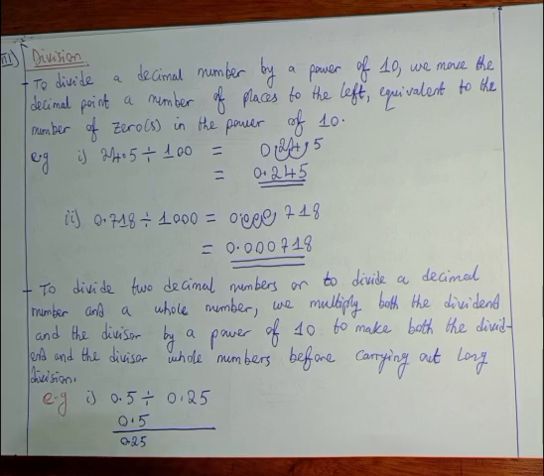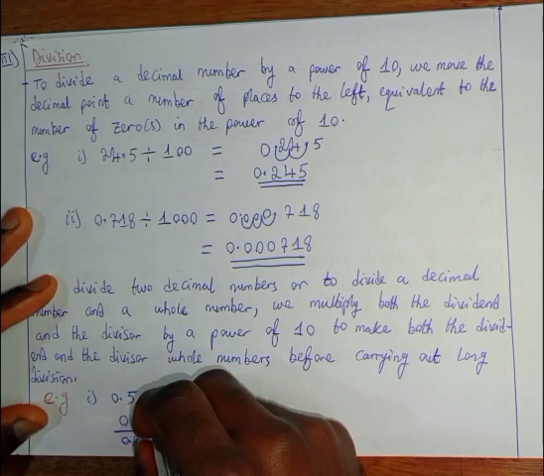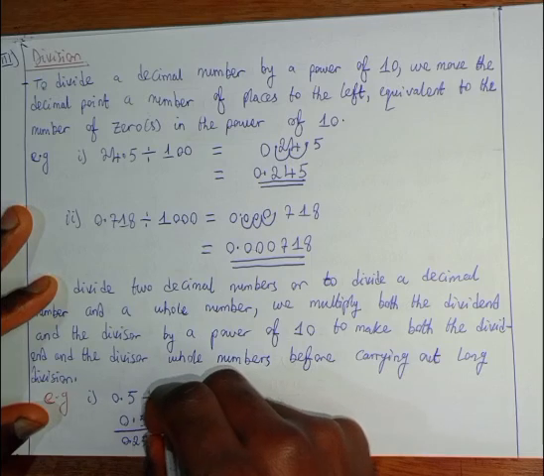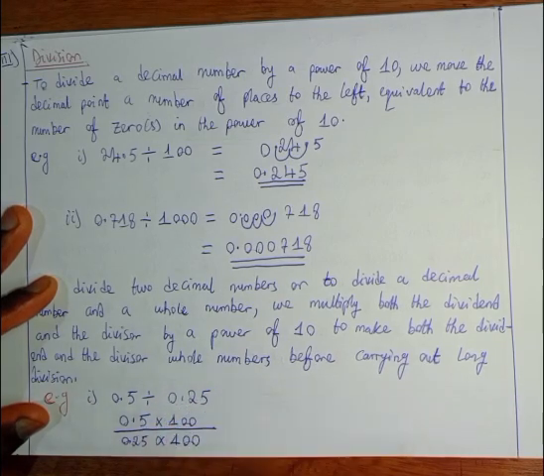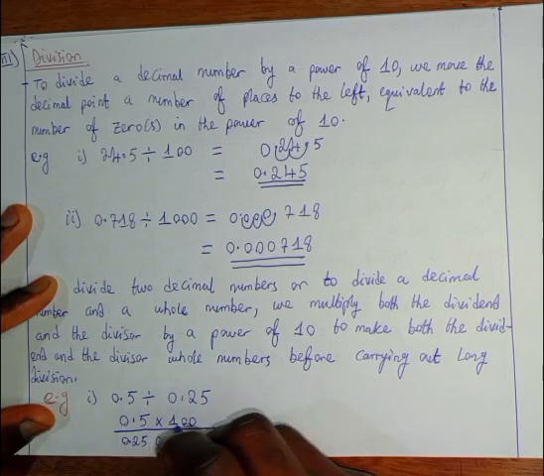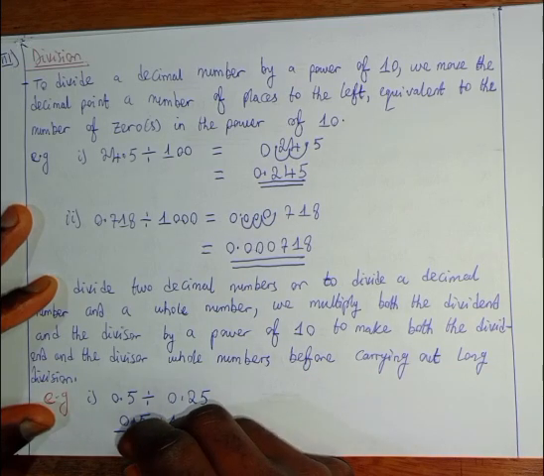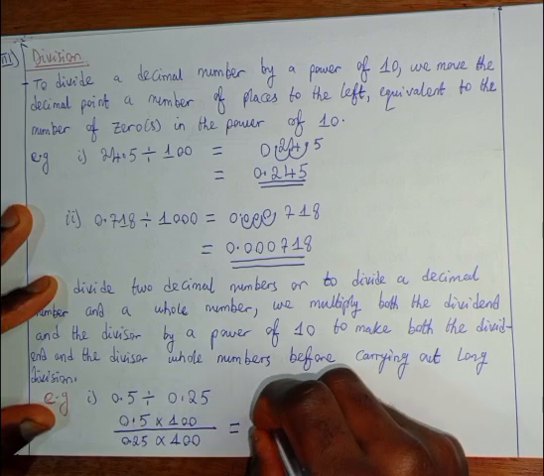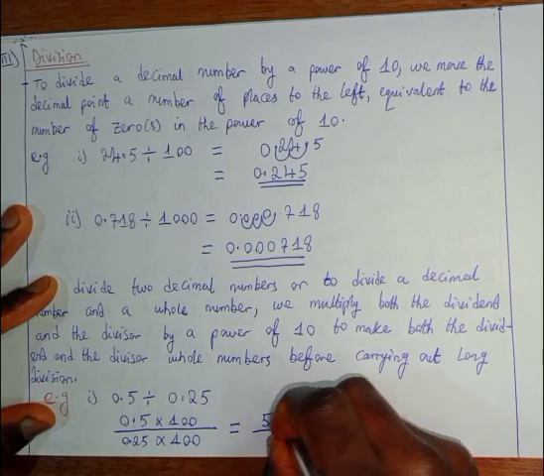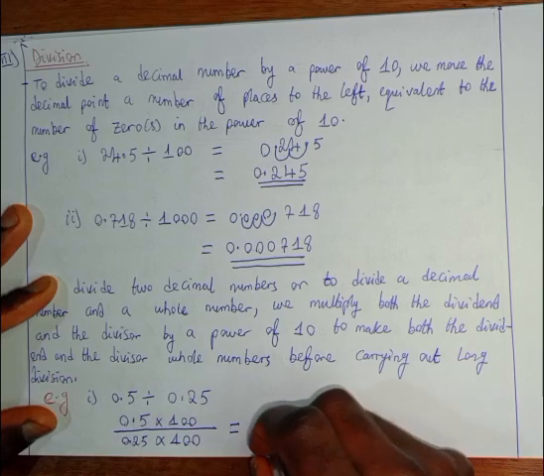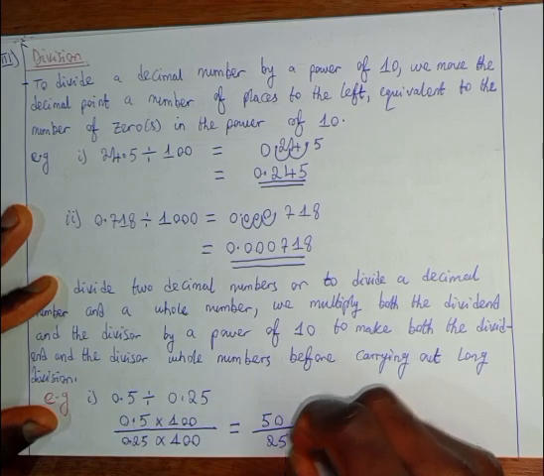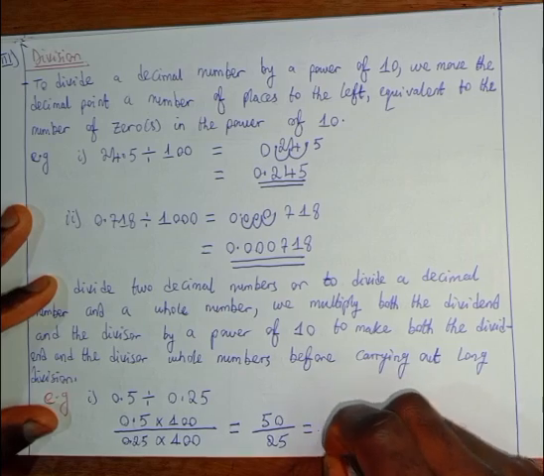So we are going to multiply both the dividend and the divisor by a power of 10 which has 2 zeros. That is 100. 0.5 times 100 will give us 50 all over 0.25 times 100 will give us 25. 50 divided by 25 gives us 2.